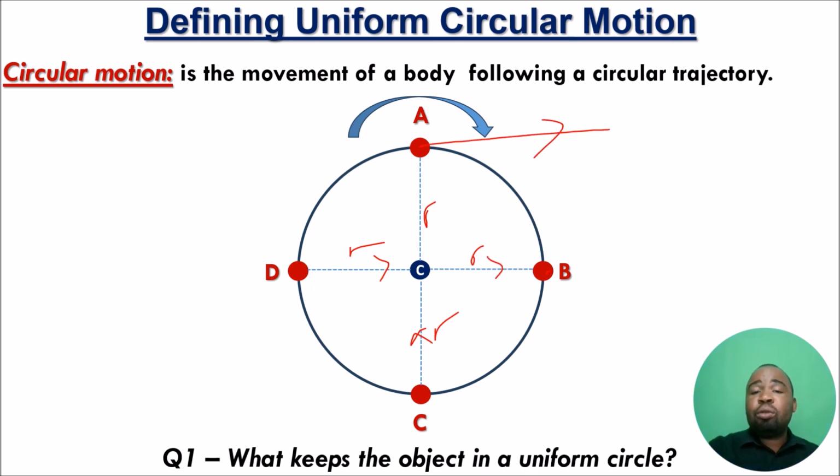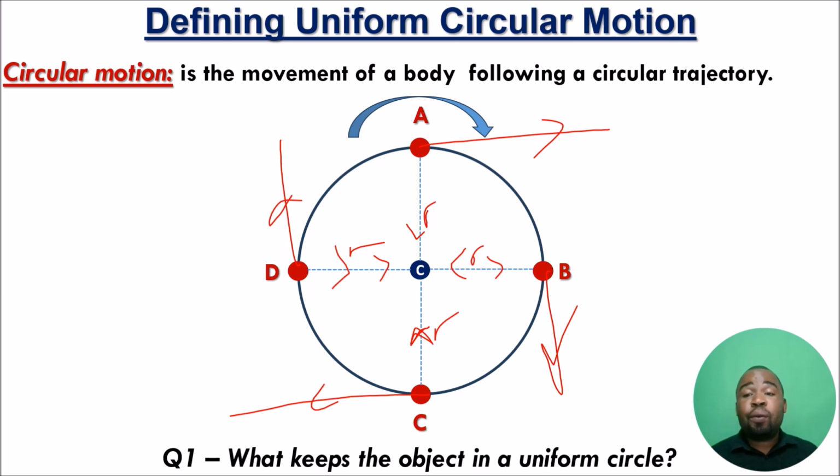It was supposed to move away from the circular track. So, to maintain its radius, there should be a force which is always attracting it to the center so that it doesn't move away from the radius.